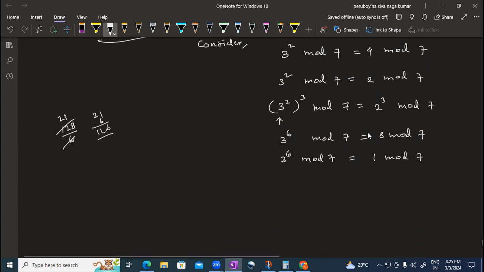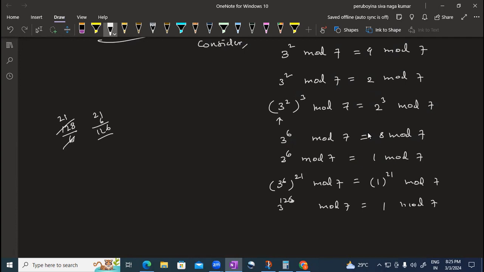So I am raising the power to 21 on both sides. 3 power 6, 21 times, mod 7 is equal to 1 power 21 mod 7. So 3 power 126 mod 7 is equal to 1 power 21, which is 1 only, mod 7.